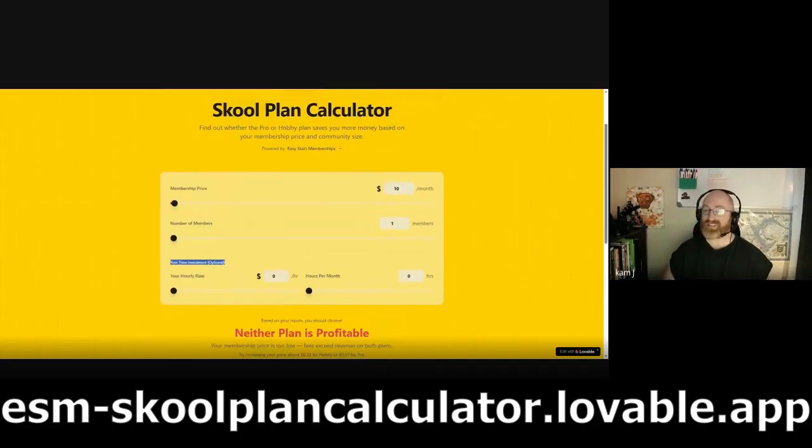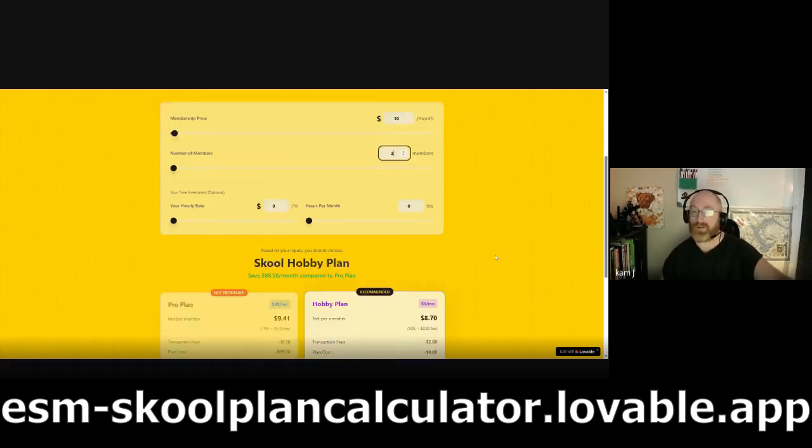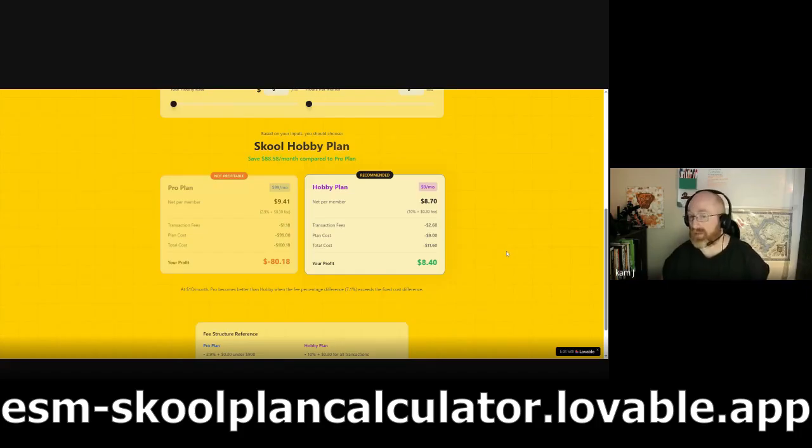So on this simple $10 membership, at what point does it actually become profitable in any plan? We see it's 2 members. When you have 2 members in a club, the Hobby Plan becomes profitable. Your profit is $8.40. Why is it $8.40?